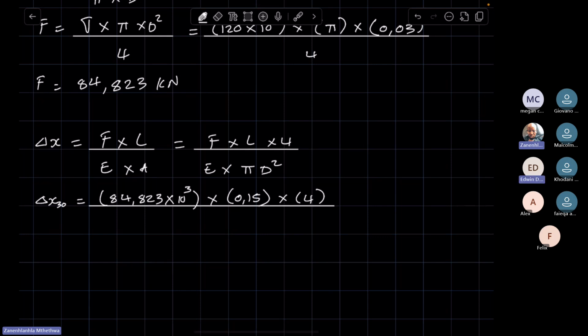Sorry, are we sure that the area formula is correct? 4 over pi d squared? You mean the formula for the area of a circle?